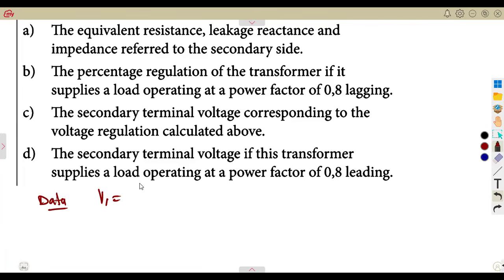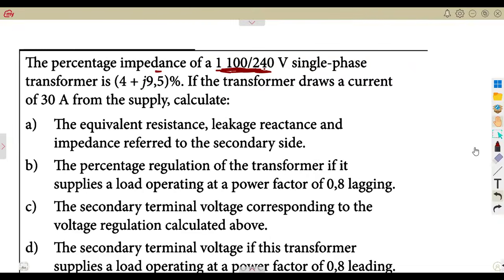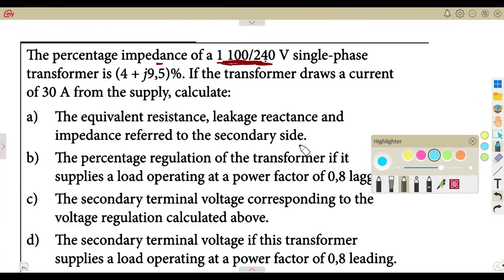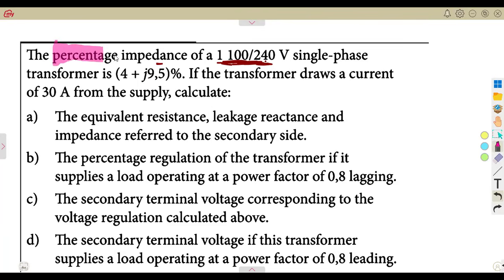We are given V1, 1100 volts, and V2, 240 volts. But the question is saying the percentage, this is the most important part, the percentage impedance that we are given of a single phase transformer.